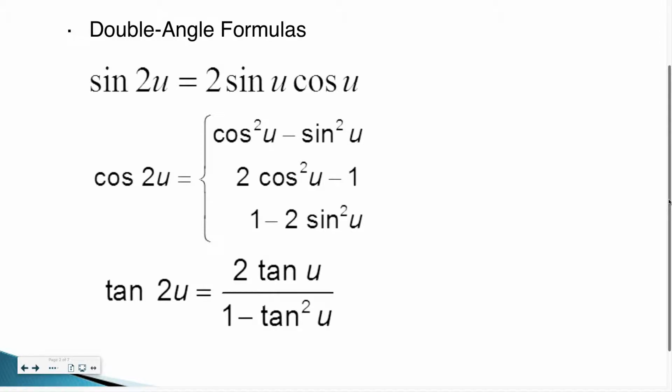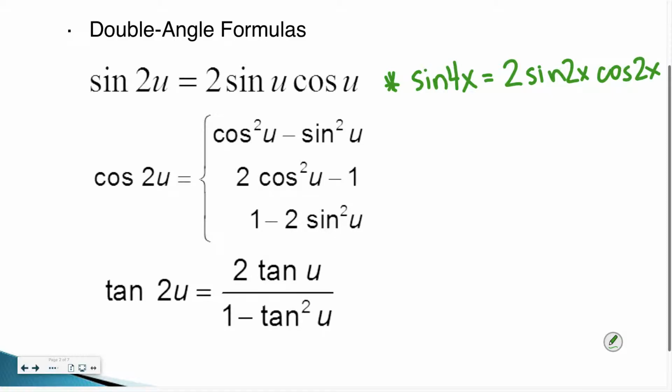For example, if you were to have the sine of 4x, you could break that up into, that's always going to be a 2. But then when you apply the formula, when we start with 2u, it goes down to u. Here, if we start with 4x, then we would cut in half to where now our angle is 2x. You see what I mean by that?